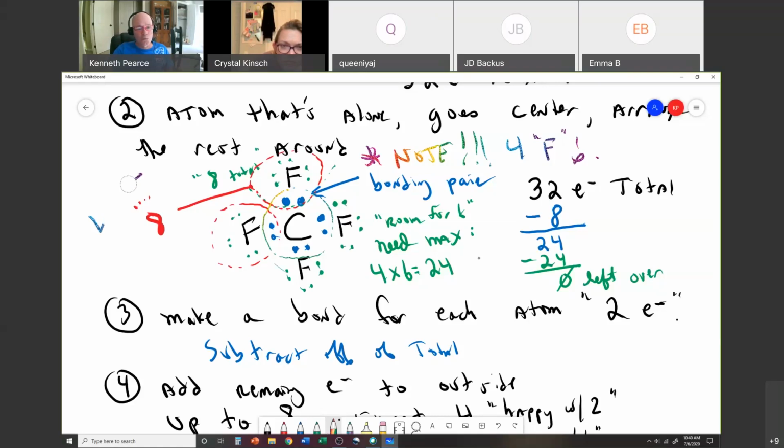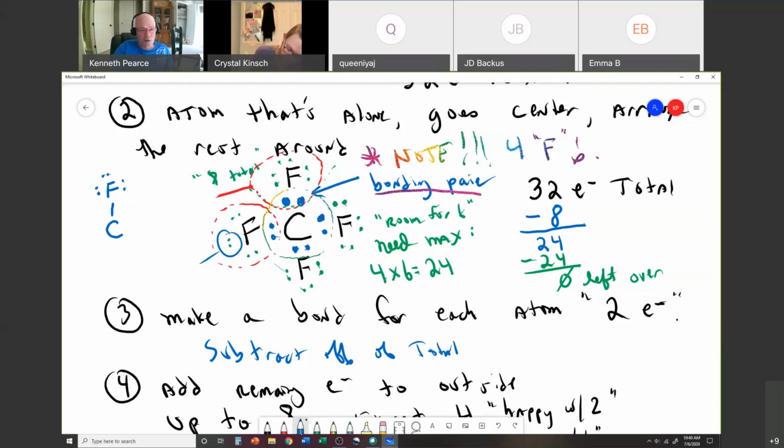So this is the structure, and if we were to write this out, a lot of times what we'll do is replace bonded pairs. See that bonded pair up here? A lot of times we'll replace these bonded pairs with lines. And so we'd say carbon with a line going to the fluorine. To be complete, we would still put in those non-bonding pairs.